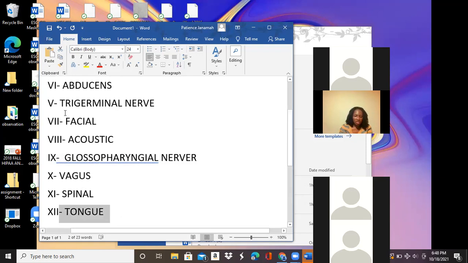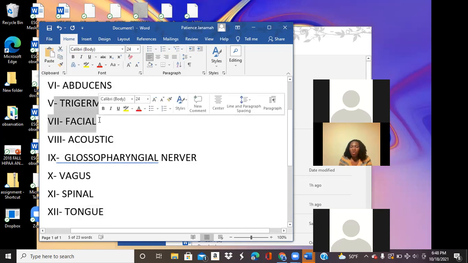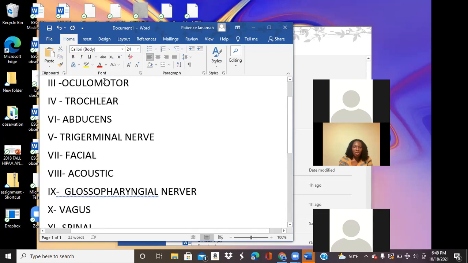Then you look at the trigeminal nerve and the acoustic nerve, right? You look at these two, they are on the face. They control the facial movements. Then you look at the first 3 that I typed, 1, 2, 3, they all control eye movement.